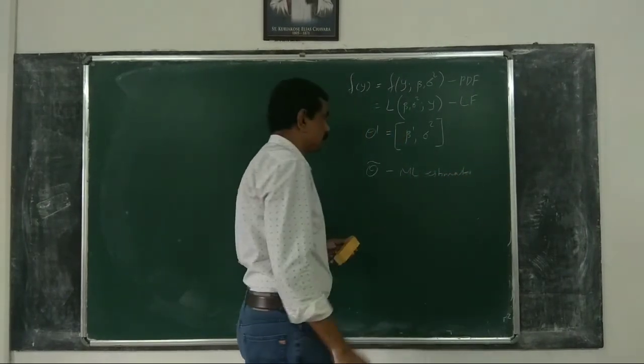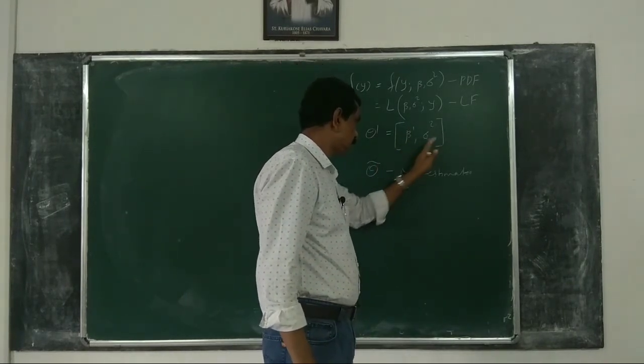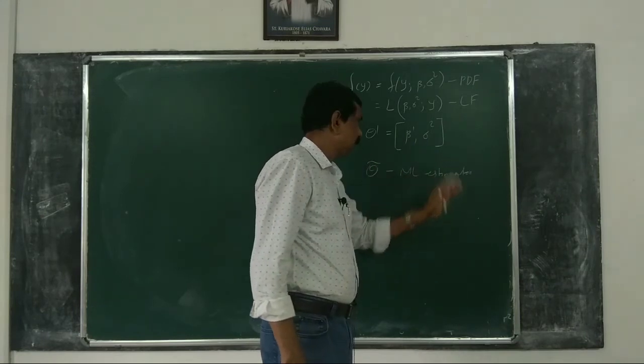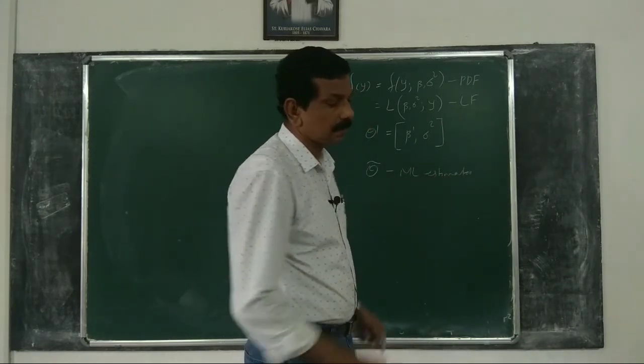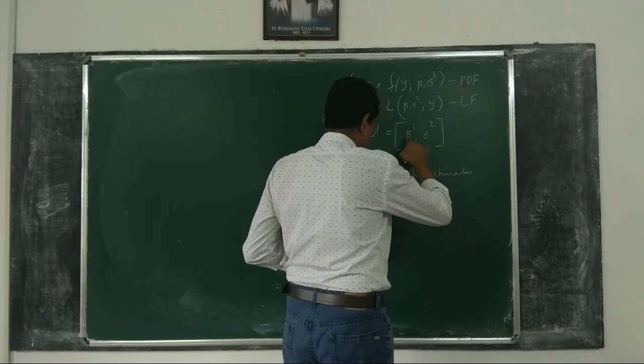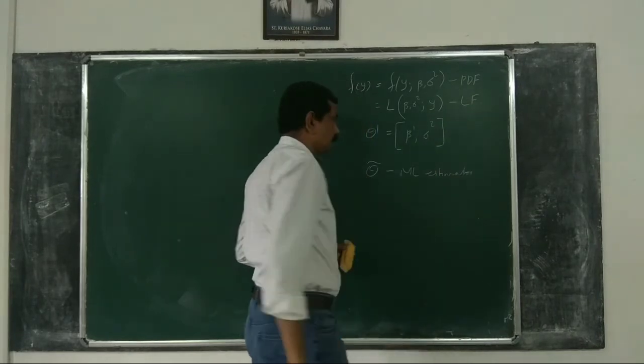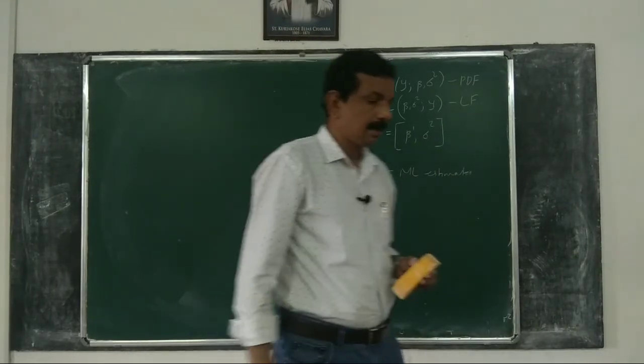Theta tilde is the ML estimator. That means theta tilde transpose is beta tilde transpose, sigma tilde square, as the ML estimator.